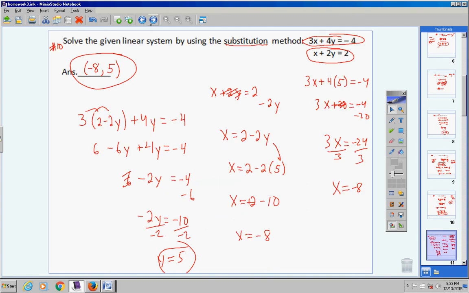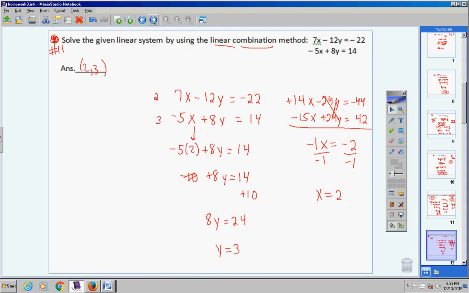We looked at solving a linear system by the substitution method and solving a linear system by the linear combination method.